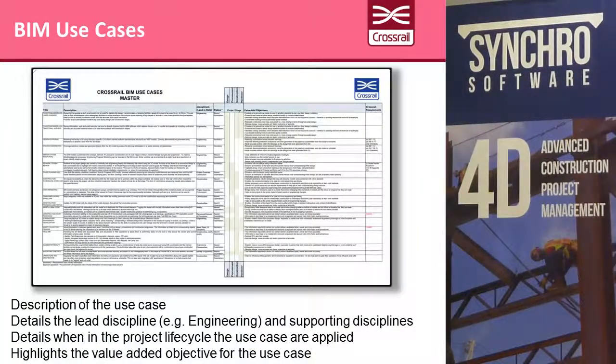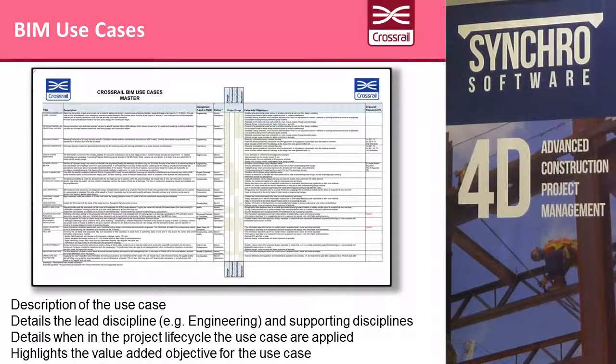We can now start looking at some of the smarter things we're going to do with this, and this is talking in general terms, not just in 4D. Crossrail put together this document, we're calling it the BIM use case matrix, and essentially this just lists everything that we in the UK, I don't know how this translates to the US, but we in the UK refer to these kinds of things as BIM.